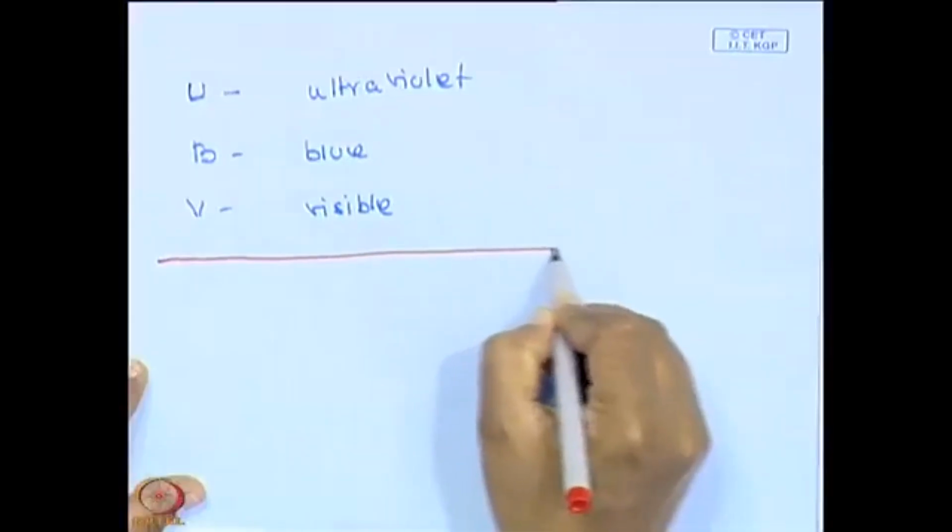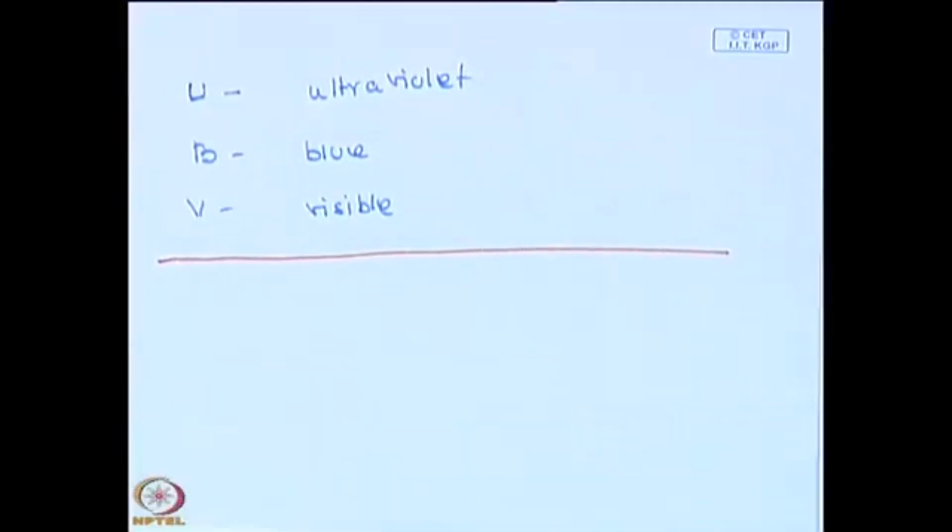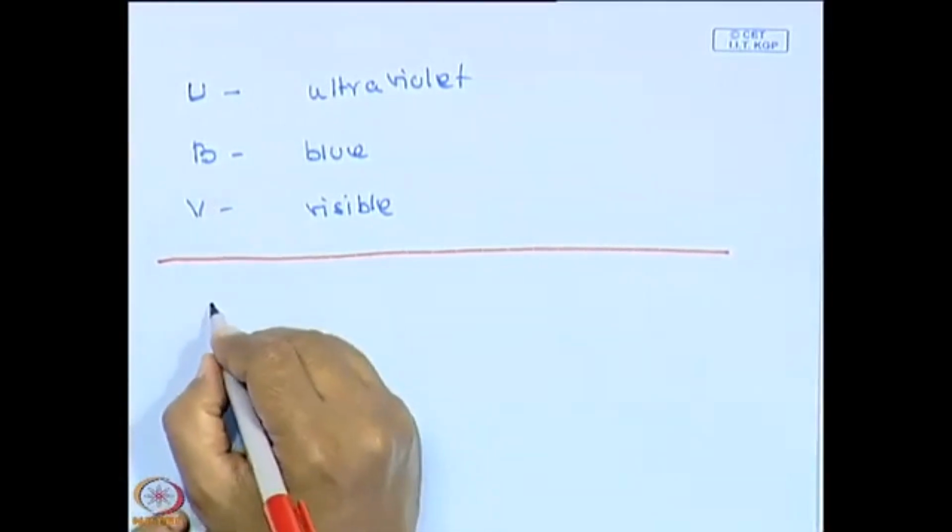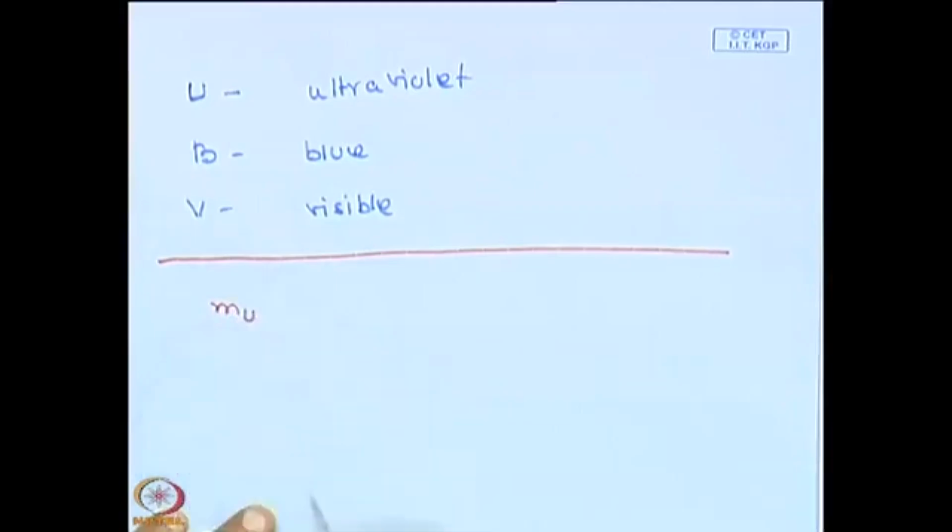So, if somebody does photometry and tells you the flux or tells you the apparent magnitude, then you should know the photometric band system in which the observations were done. This is the first thing. Okay. The second point here is that the apparent magnitude in the U band, for example, will be referred to as mu.